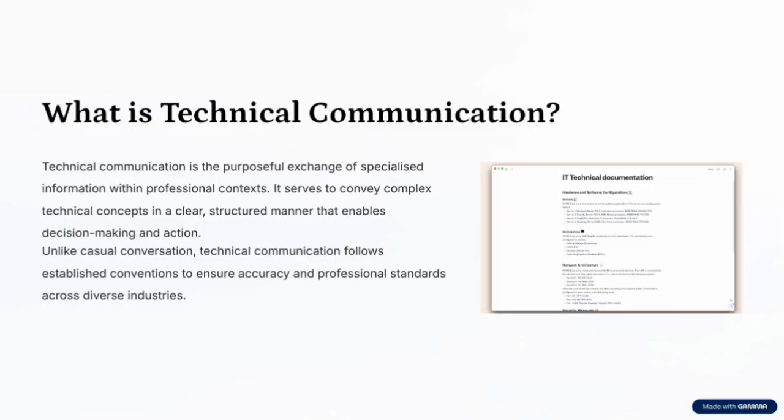So technical communication simply means explaining technical details of a product to a non-technical person in a simplified manner.